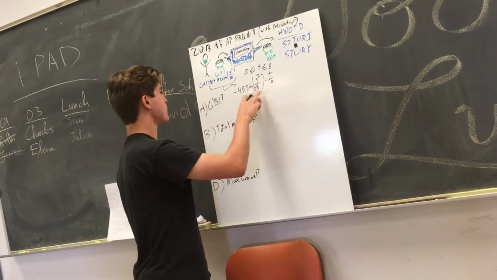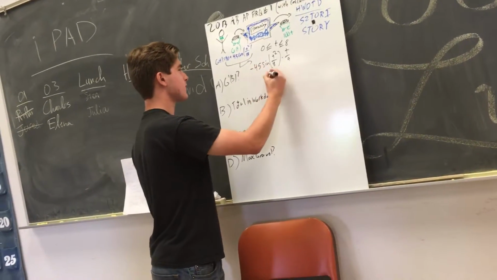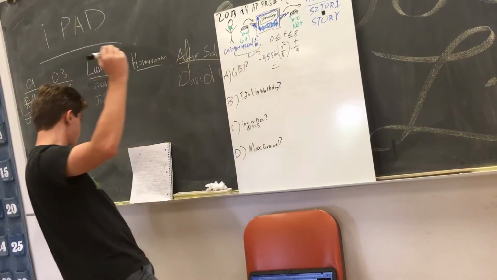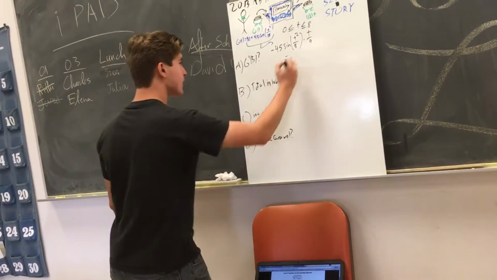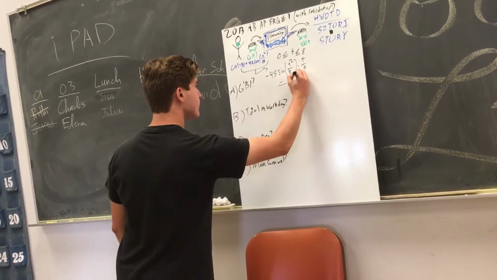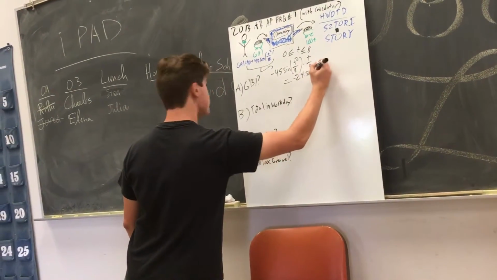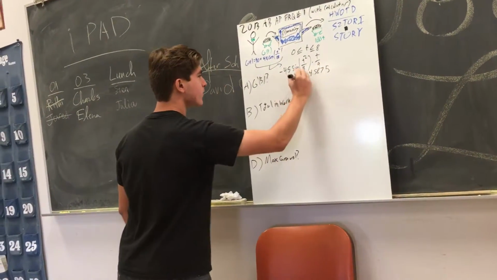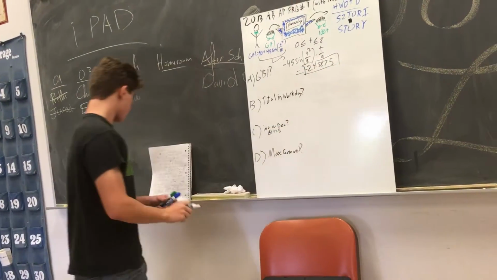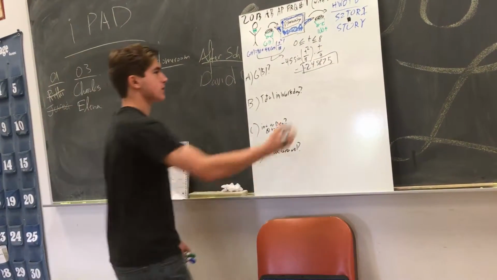Okay, so if you plug 5 into this function here, you end up getting negative 24.5875. And this is tons per hour.